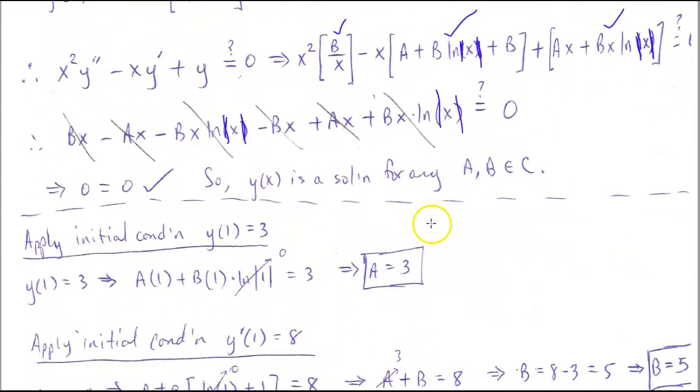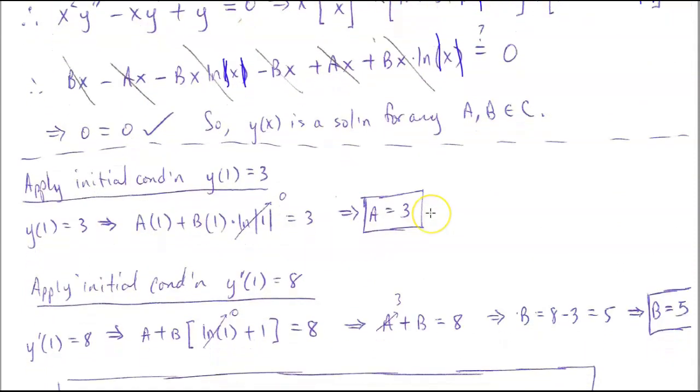Now, to find the specific or particular solution, we use our initial conditions. Of course, now that we know that y of x is equal to ax plus bx times natural log of absolute value of x is an actual solution to our differential equation, we let x be 1, y be 3, substitute everything, and we see that a ends up being 3.